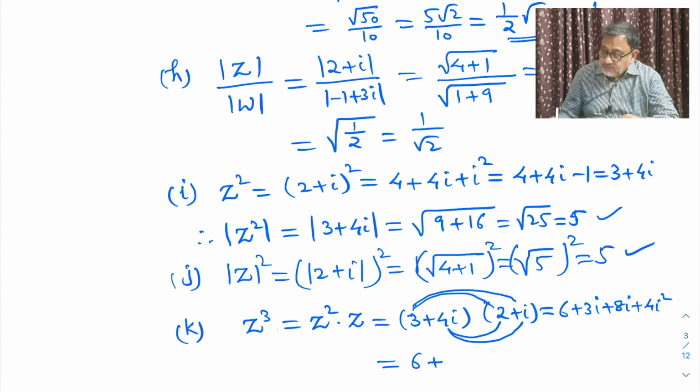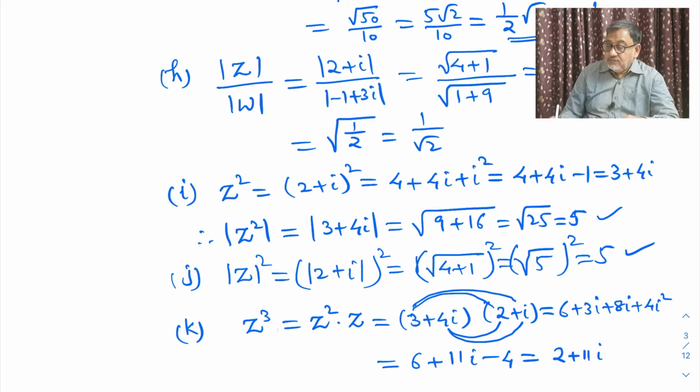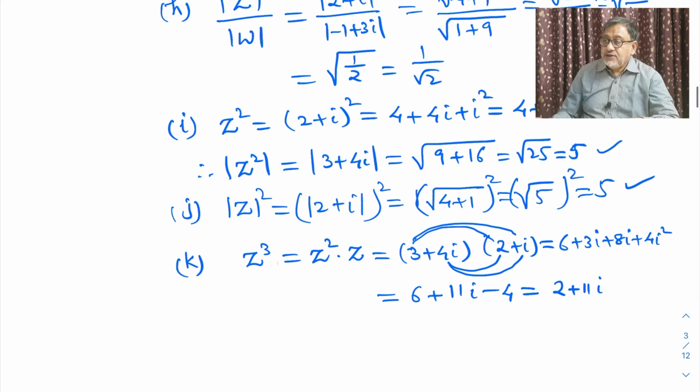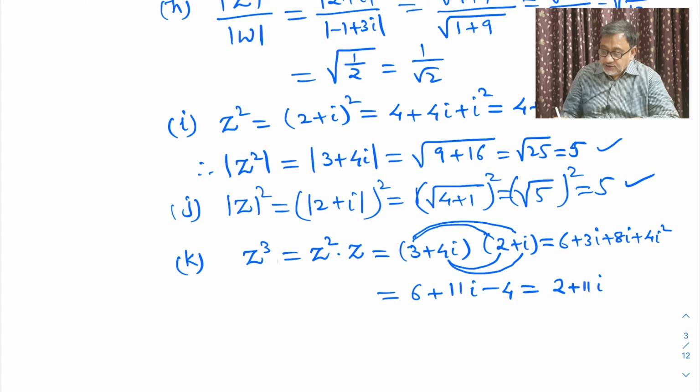Look at this, 3i plus 8i will be 11i. And i square again minus 1. So 4 into minus 1 will be minus 4. So 6 minus 4, 2 plus 11i.